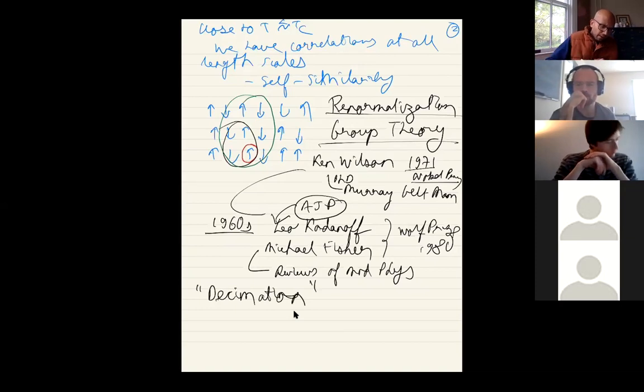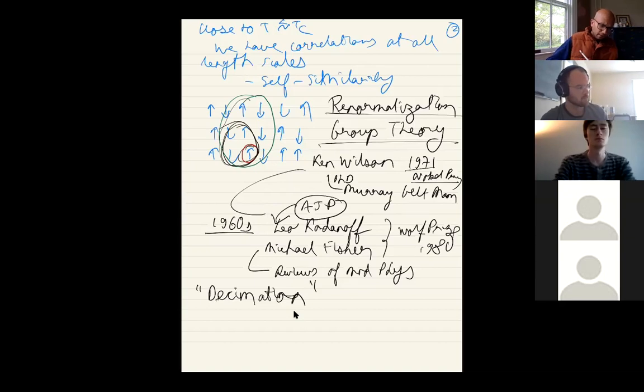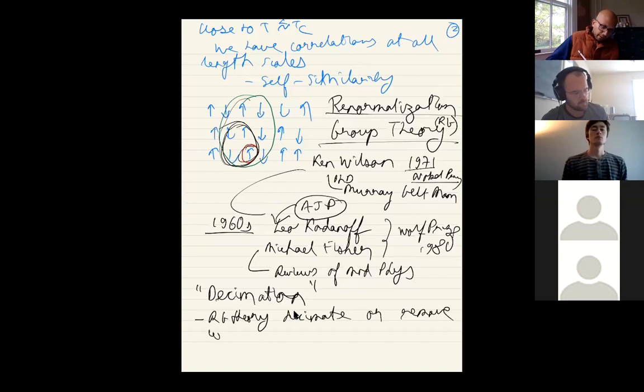You say, well, instead of looking at this red one at a time, I'm going to look at this black one at a time, all four of them together. I will look at their average properties. And then why stop there? Why not just look at all 9 of them together at the same time and things like that? And we will formalize all of this. I'm going to call it RG theory. That's quite common. So what RG theory does is to decimate or remove certain degrees of freedom.